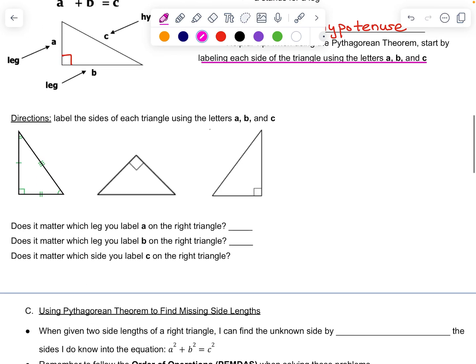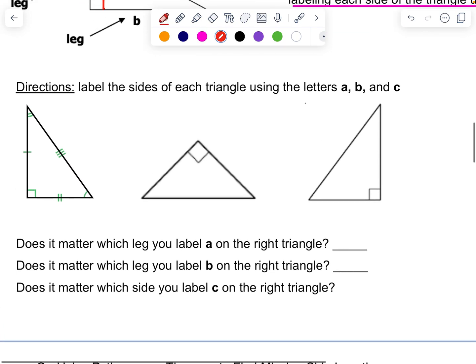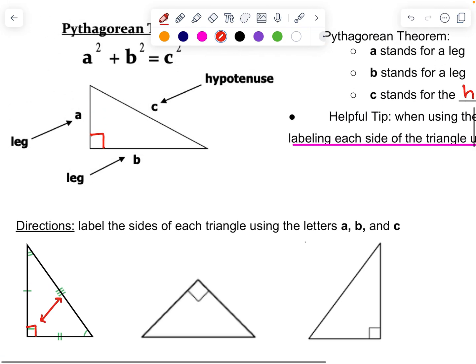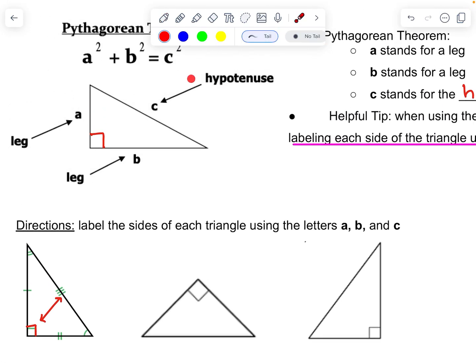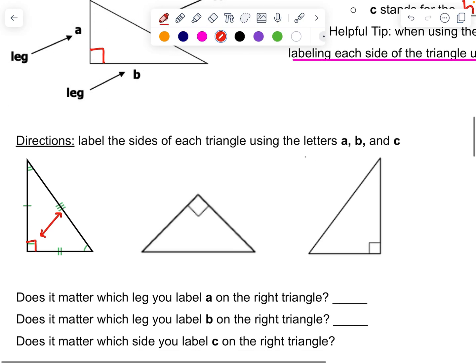So, okay. Well, here's my right angle on this first one. Across from that is where my hypotenuse is. And notice, we're going to use the letter C for the hypotenuse. So here we have the hypotenuse.